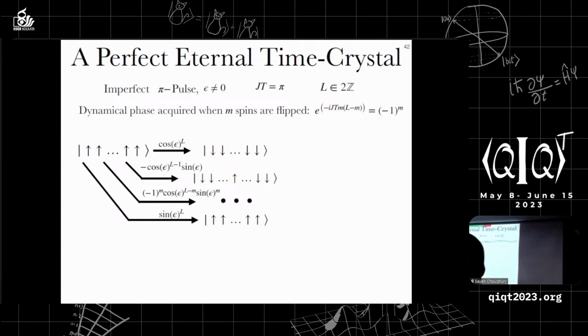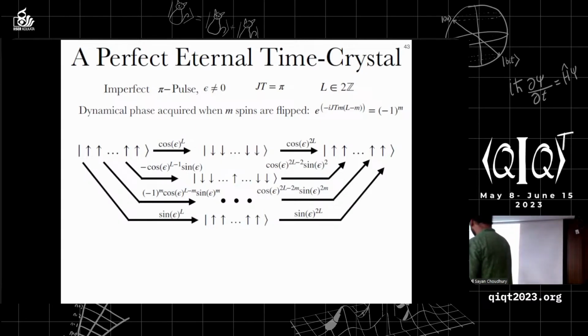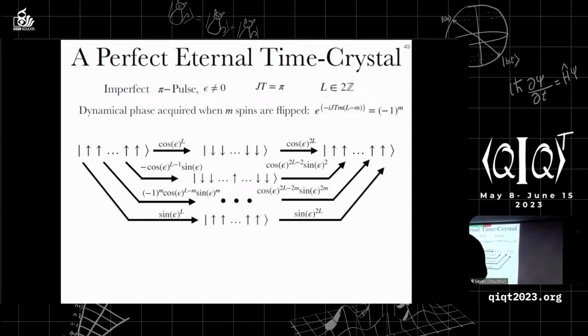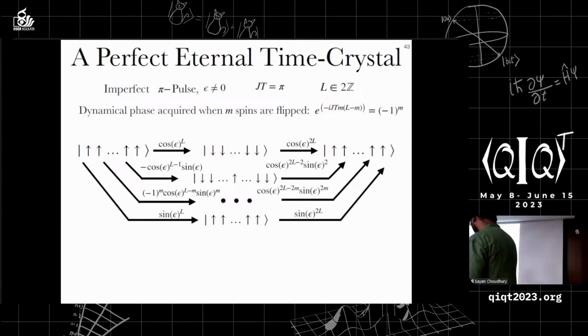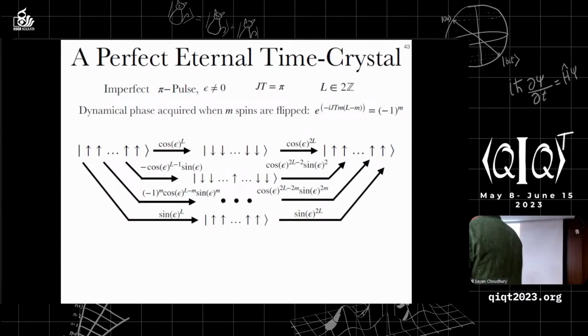And when you make this Jt exactly pi, what happens is that you have a dynamical phase that it acquires, essentially exactly again equal to (-1)^m. So what is happening here is that this dynamical phase and the geometric phase cancel each other out for this particular point, leading to an exact recovery of the initial state.